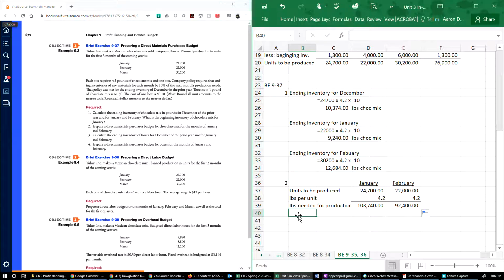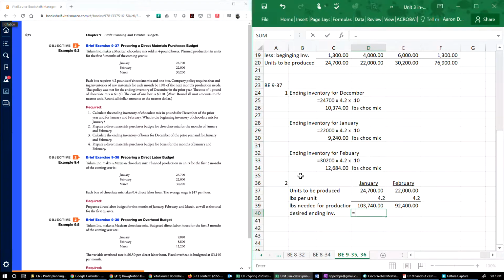And that gives us the pounds of chocolate mix required in both January and February. But we also want to add to that desired ending inventory, which we computed above.